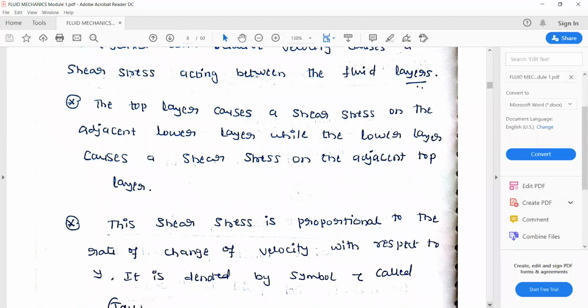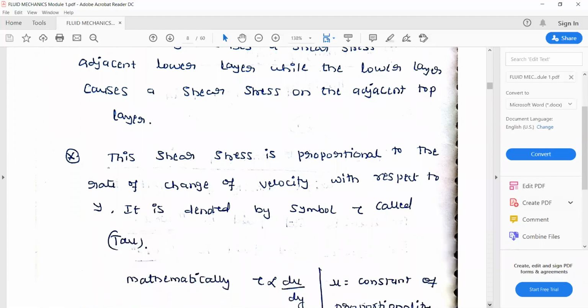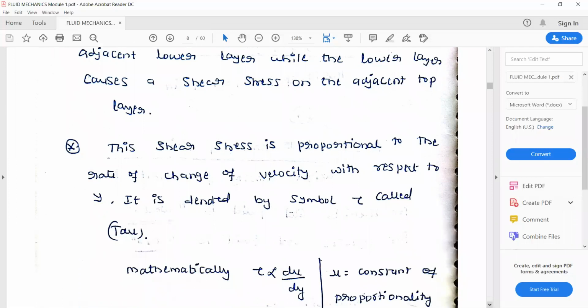This shear stress is proportional to the rate of change of velocity with respect to distance, where y means the vertical direction. It is denoted by the symbol tau. Tau is nothing but the shear stress between the fluid layers. Whenever the fluid is moving with different velocities, u and u plus du, and has some viscosity, there is shear stress between the fluid layers.